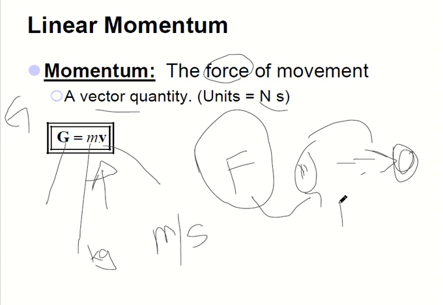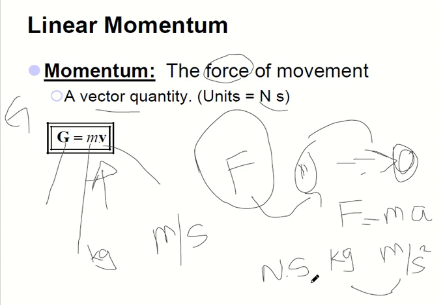Newton is the force, which is again mass and acceleration. Mass is kilogram, acceleration is meter per second square, and this is called Newton. If you multiply Newton with second, you will get momentum.